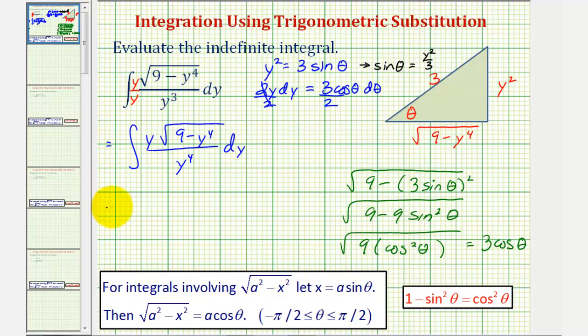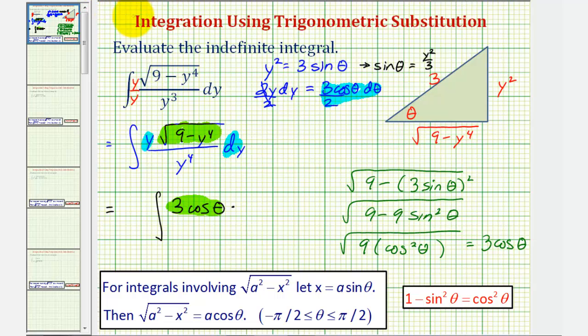So by performing the substitution, this square root simplifies to 3 cosine theta. Next, y dy is equal to 3 halves cosine theta d theta. But let's go ahead and factor out the 1/2.